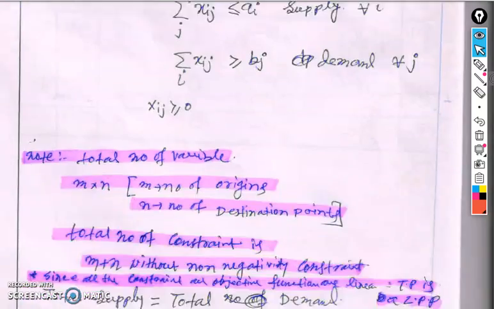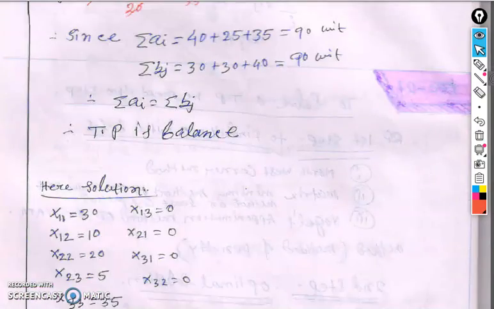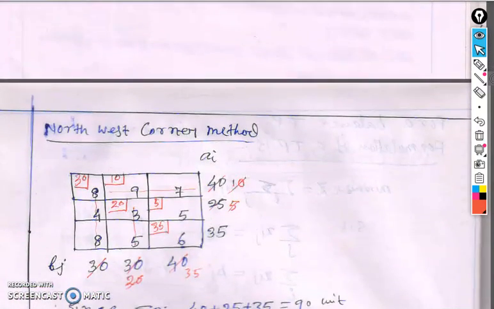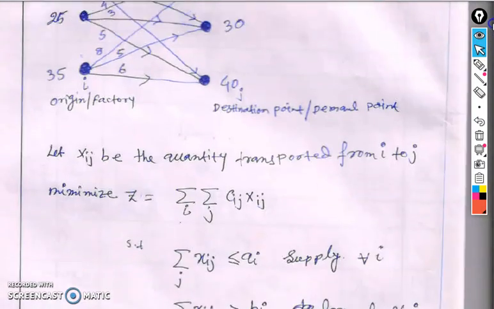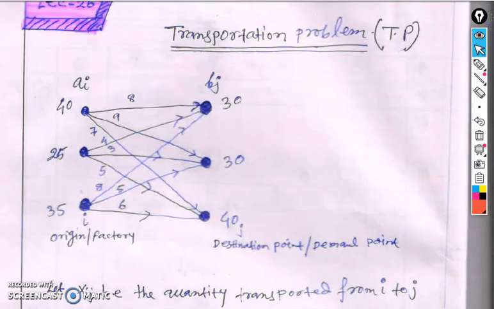How can I represent this diagrammatically? I will form a matrix here. If we construct a matrix here, then you should understand.